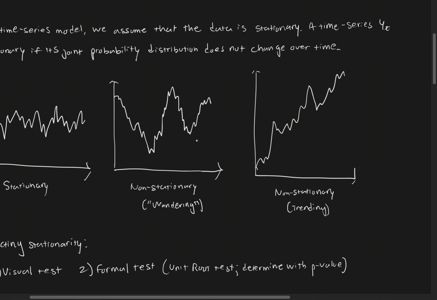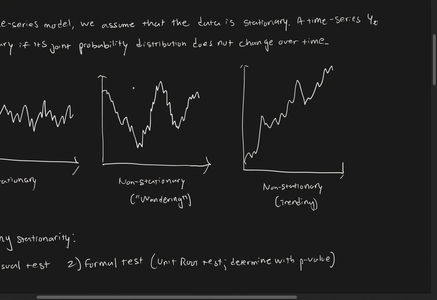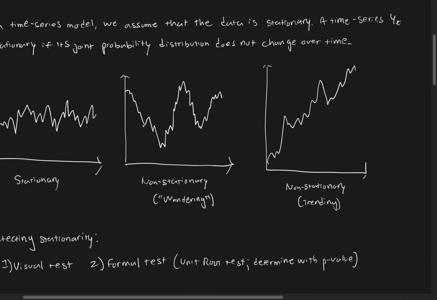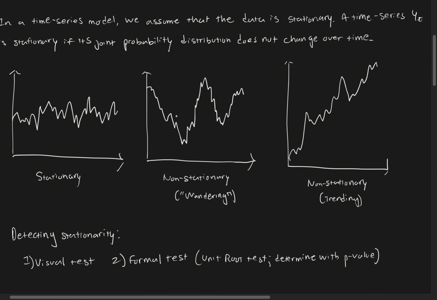As opposed to these non-stationary graphs, where we see clear parts of the trend that definitely don't make the graph stationary, because these min and max points are very far away from the mean, and our variance is not constant.